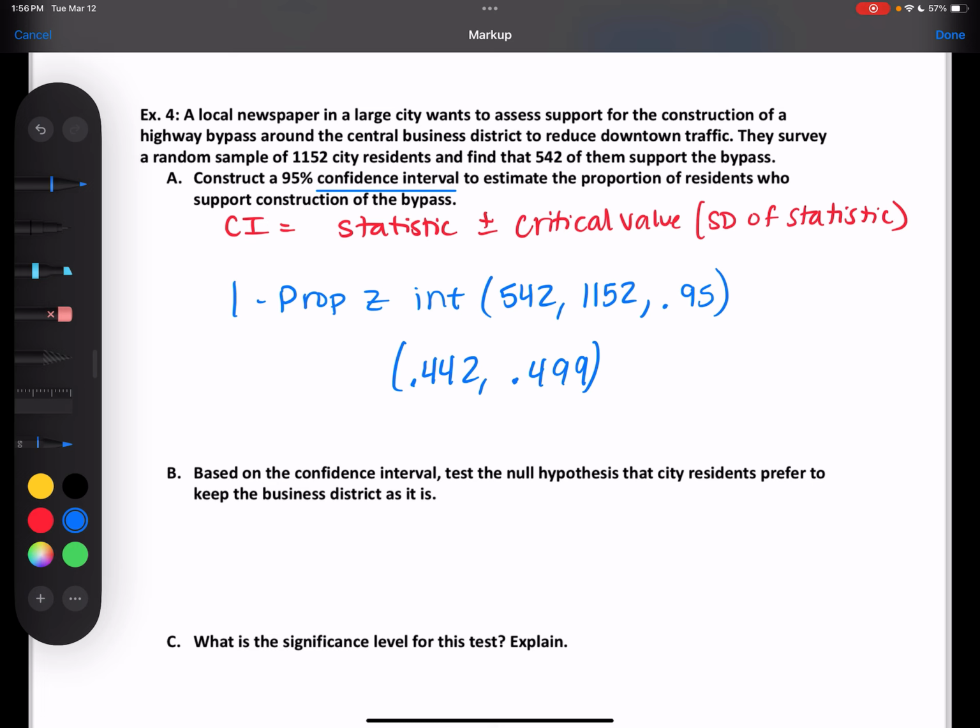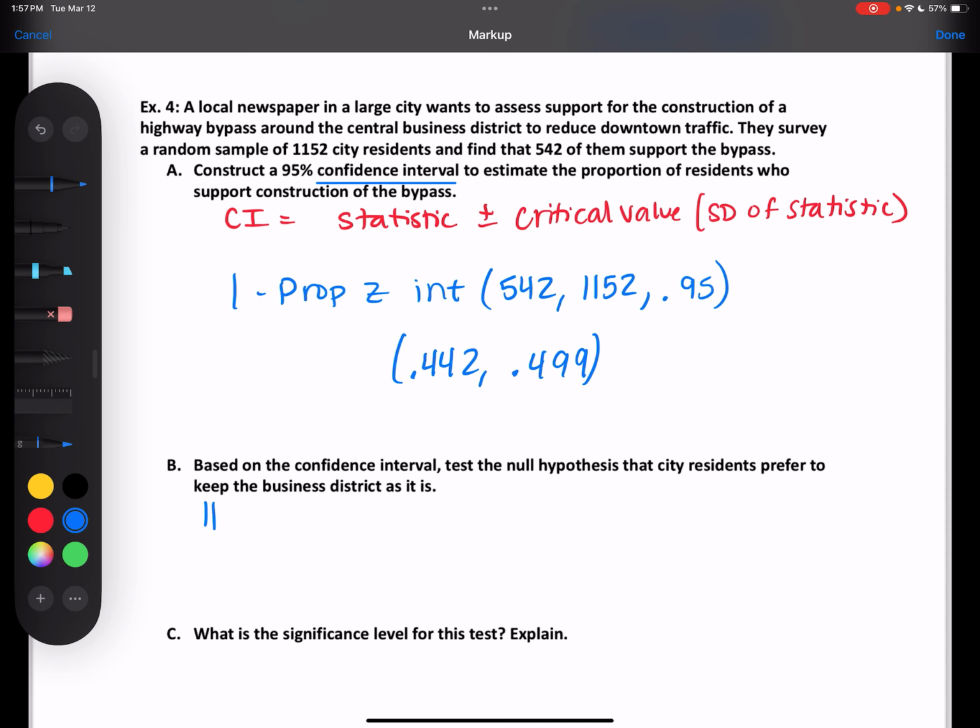Okay. Based on the confidence interval, test the null hypothesis that the city prefers to keep the business district as is. So the probability that they don't want to bypass, right? Yeah. So the null: residents do not want to bypass. Now, did they give us a p-value?